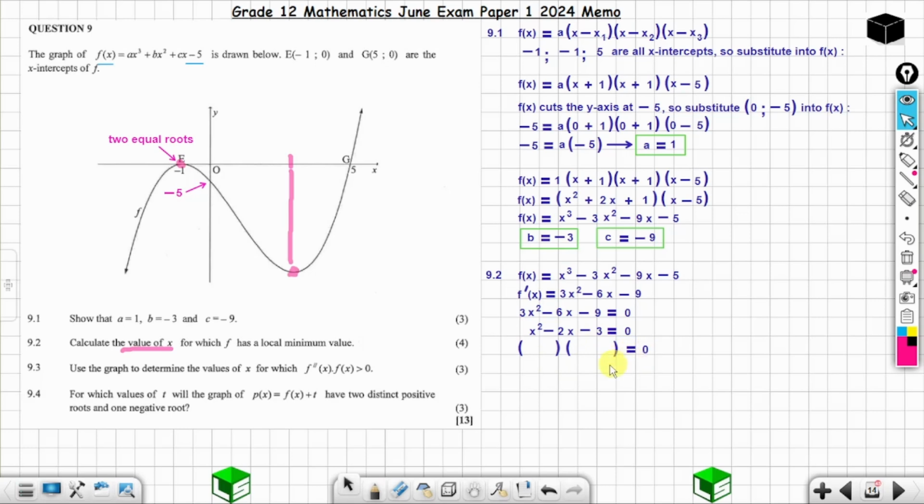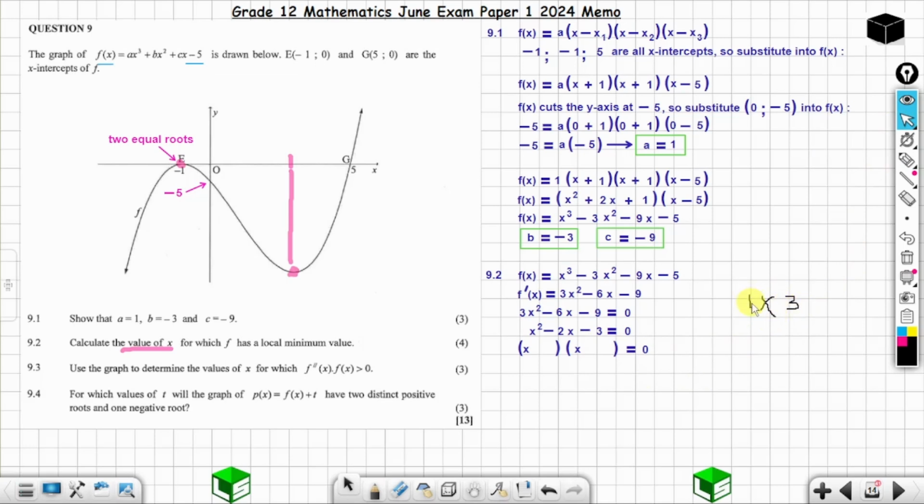You have x squared, so you are going to have x times x. Now you have 3, and 3 is equal to 1 times 3.